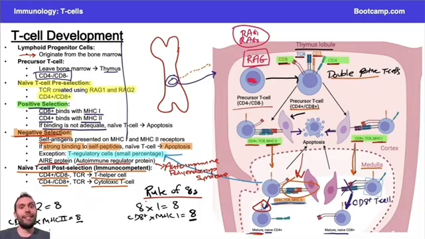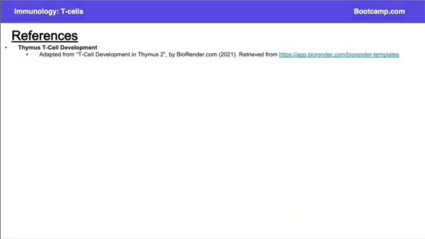And if there's binding to self-antigens, then that cell needs to undergo apoptosis because we don't want it attacking self. Some small percentage of those cells will become Treg cells to help regulate the immune response. And then eventually, once this process is completed and this cell survives, then it will become a mature T cell, either CD8 positive or CD4 positive, and then downregulate the other co-receptor. It will still have a T cell receptor and it will still be CD3 positive.